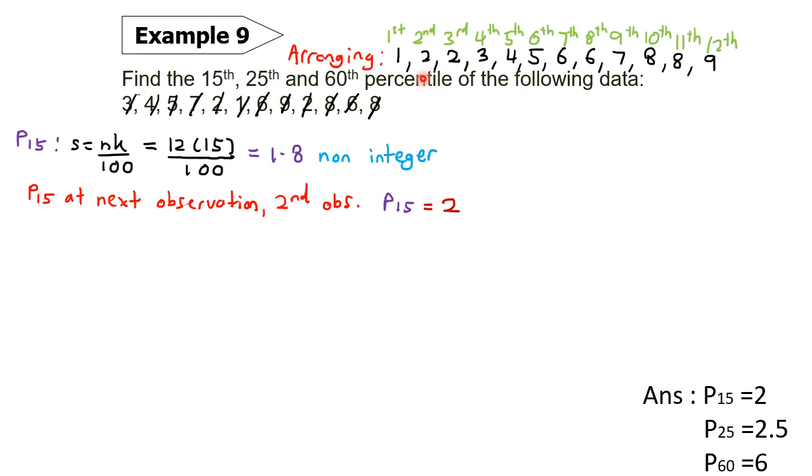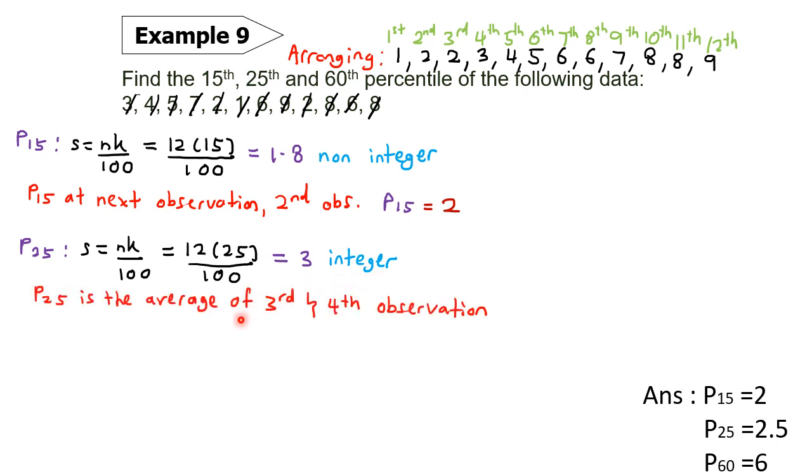Okay. Next, for the 25th percentile, we use nk over 100. Now k would be 25. After we calculate, we find the value of S would be 3. So 3 here is an integer. Remember what we need to do if it is an integer?